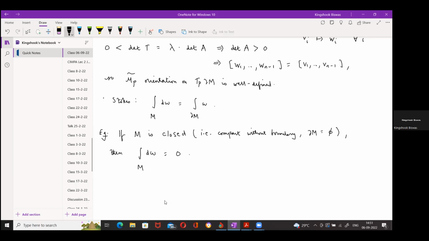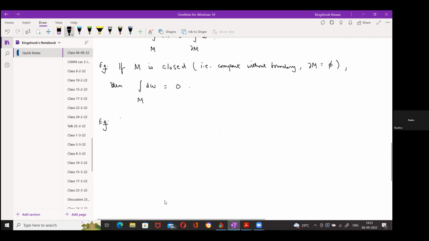A simple example is you take M to be S1, the circle, and you take omega to be the form which is locally d theta, where theta is a local branch of the argument.